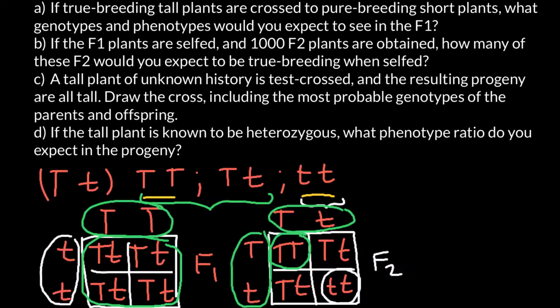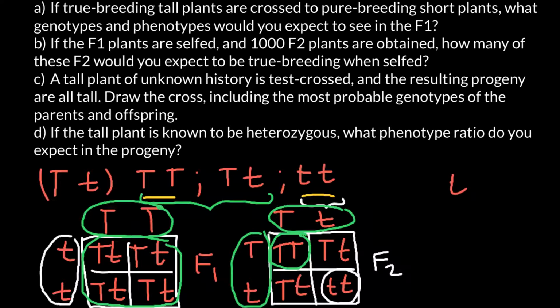But the recessive genotype produces one phenotype. If we take a small plant, we know for sure that the genotype is small t, small t. So we use this plant for testing.